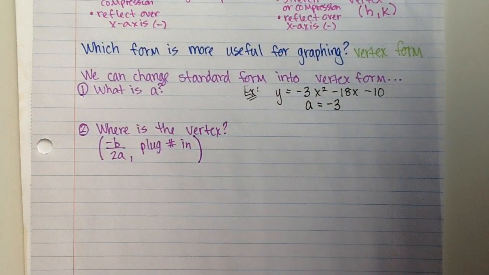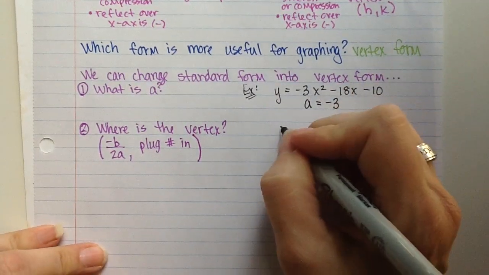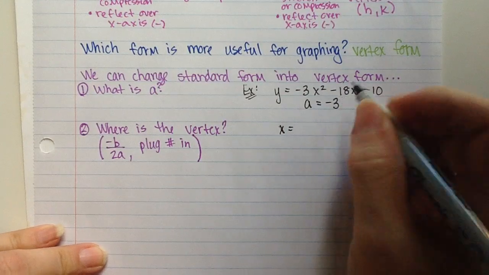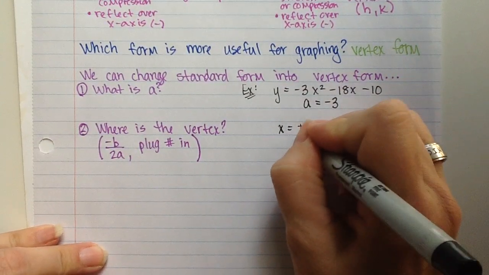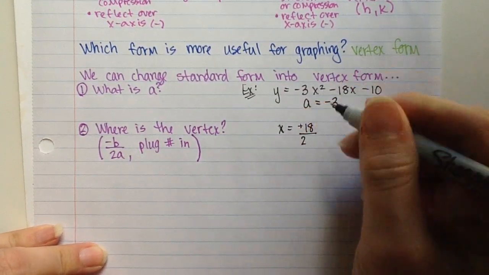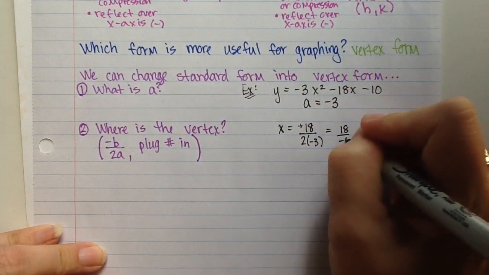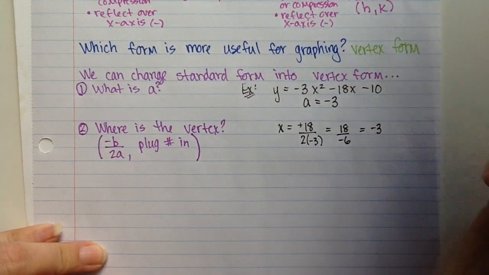So we'll do that for our example. So x would be the opposite of b. b is negative 18. So positive 18 divided by 2 times a, which was negative 3. So that's 18 divided by negative 6, which is negative 3.